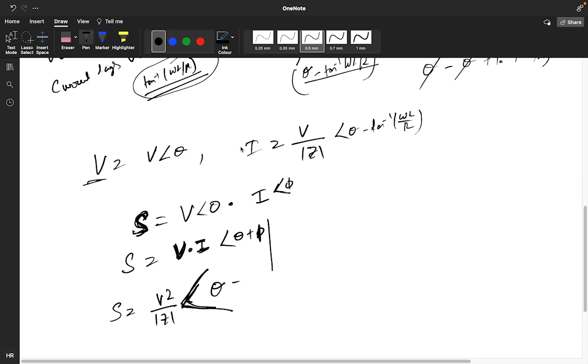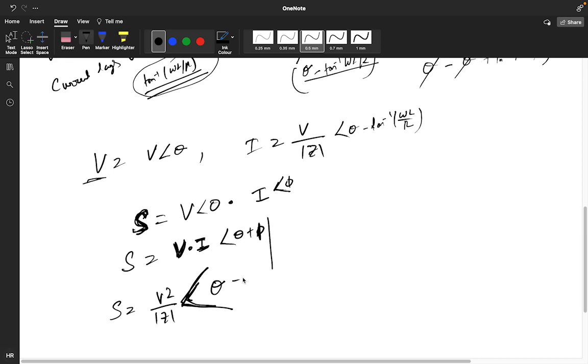If you write the values, you get V square upon mod Z. V is at an angle theta and I is also at an angle theta minus tan inverse omega L by R, so both get added.